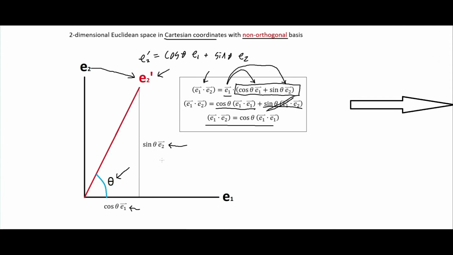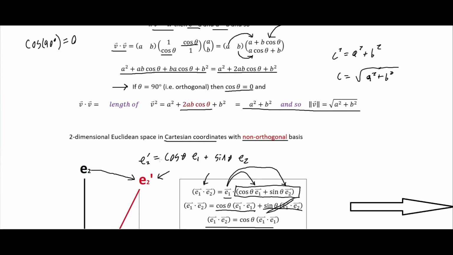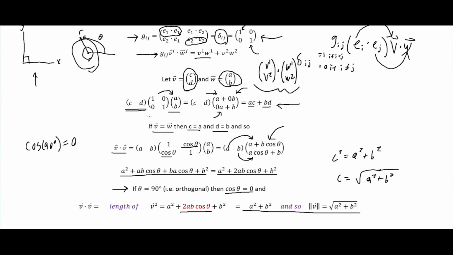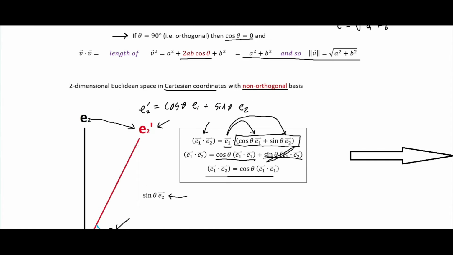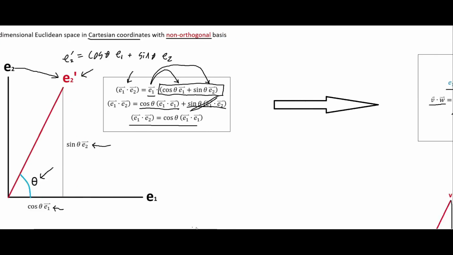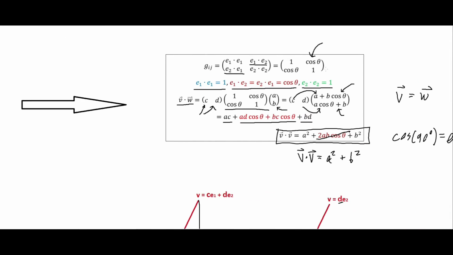All right, and so that is sort of the idea of the dot product and how the metric tensor figures into the dot product. If we are in this orthonormal basis, the metric tensor, like I said, is just the Kronecker delta, so it's just this diagonal matrix with one as the elements there. And then if we are non-orthogonal, then we end up with this cosine in the off-diagonal parts of our metric tensor.